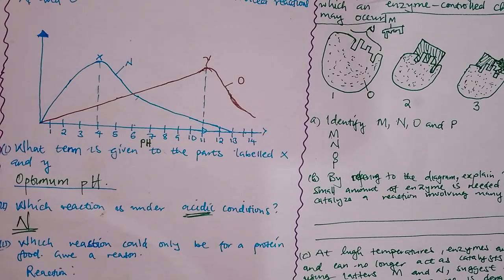Give a reason. The next question they're asking us, which reaction could be for a protein food? Give a reason. So whenever they ask you this question, think about digestion. Where does the digestion of protein take place?